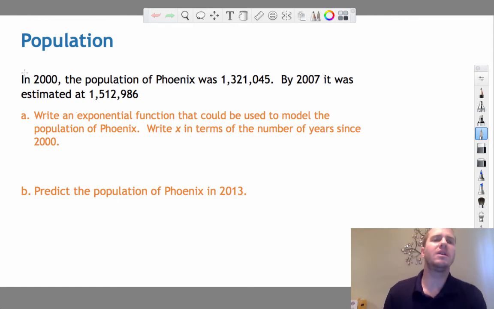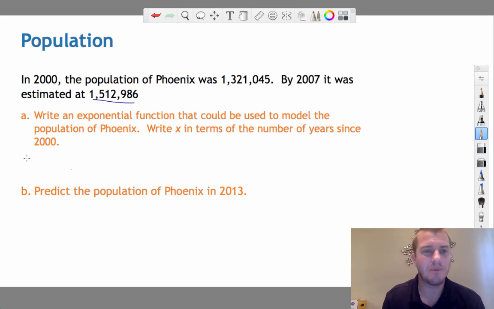Okay, so here is an example. In 2000, the population of Phoenix was 1,321,000, so forth. By 2007, it was estimated to be 1.5 million. Write an exponential function that could be used to model the population of Phoenix. Write x in terms of the number of years since 2000.